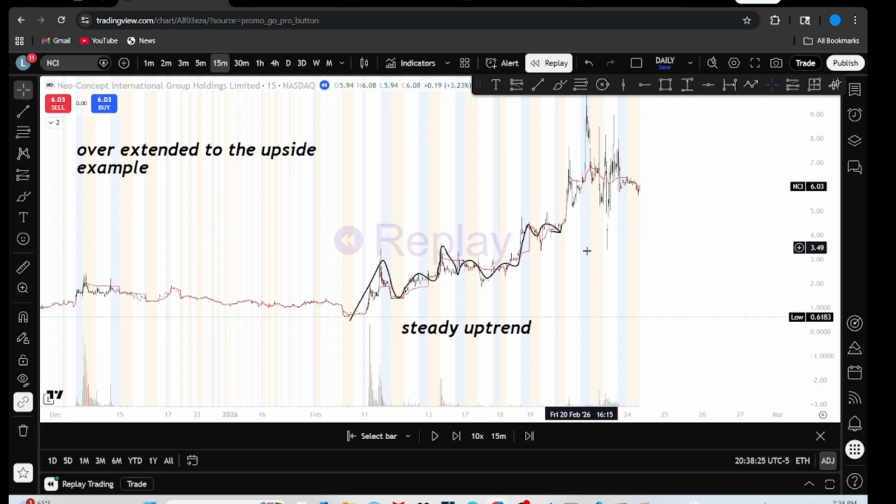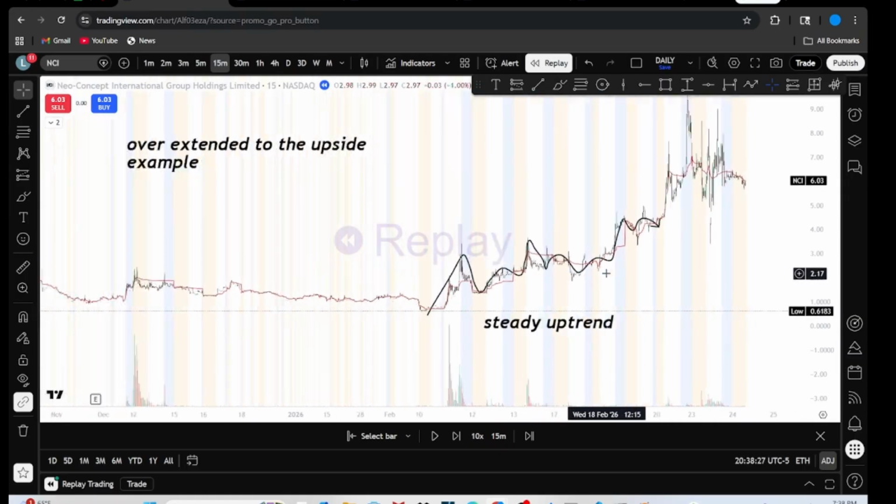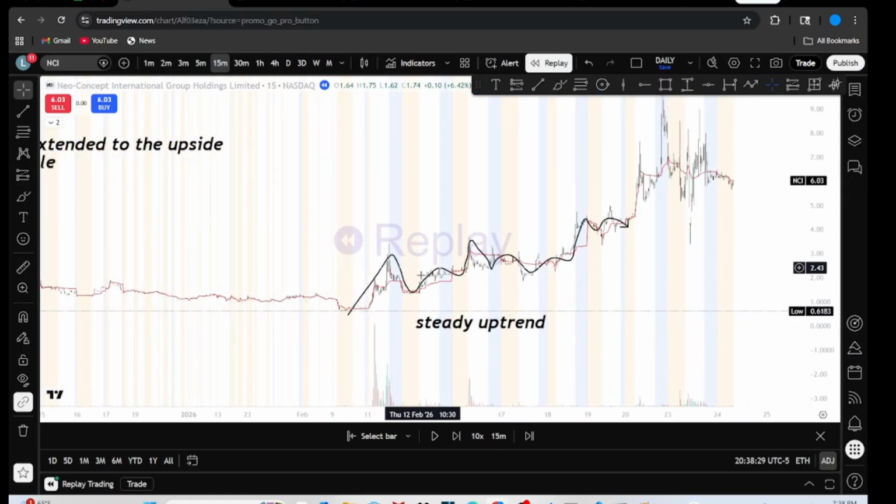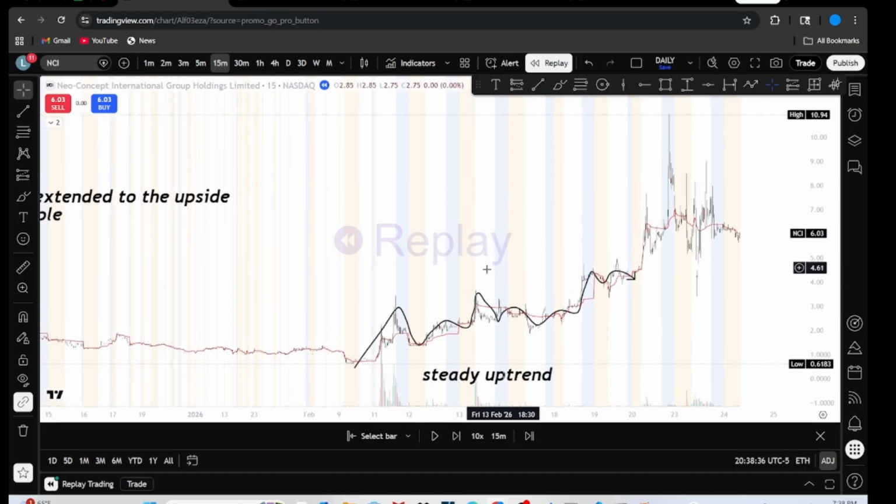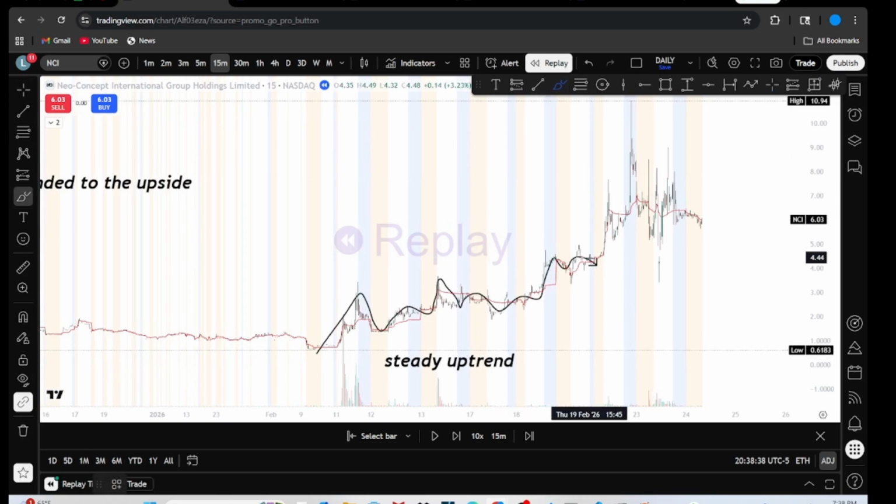And so this was on my watch list pretty much since this day back in mid-February, so 2 weeks ago now. And what I'm looking for is that slope to increase, like this. And so we see the difference here. We see steady trend, steady trend, steady trend, and then this is when things start to get overextended for me.